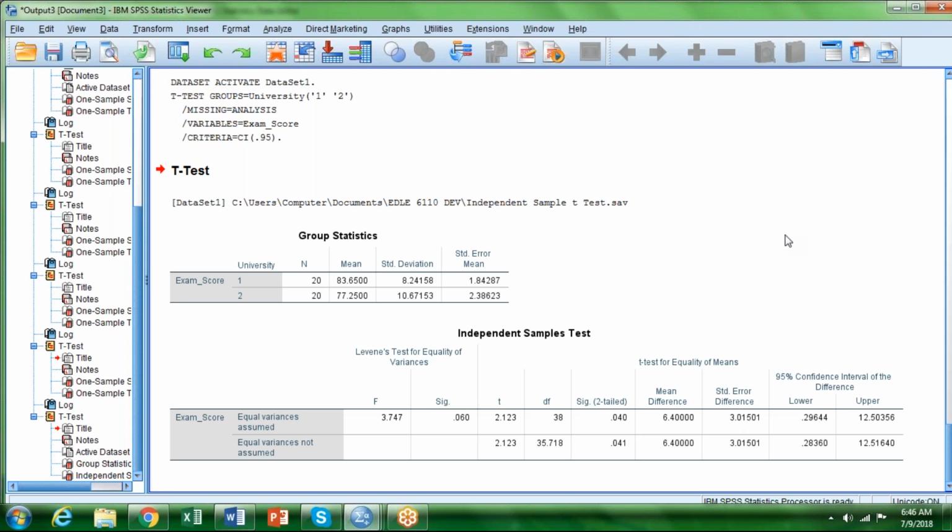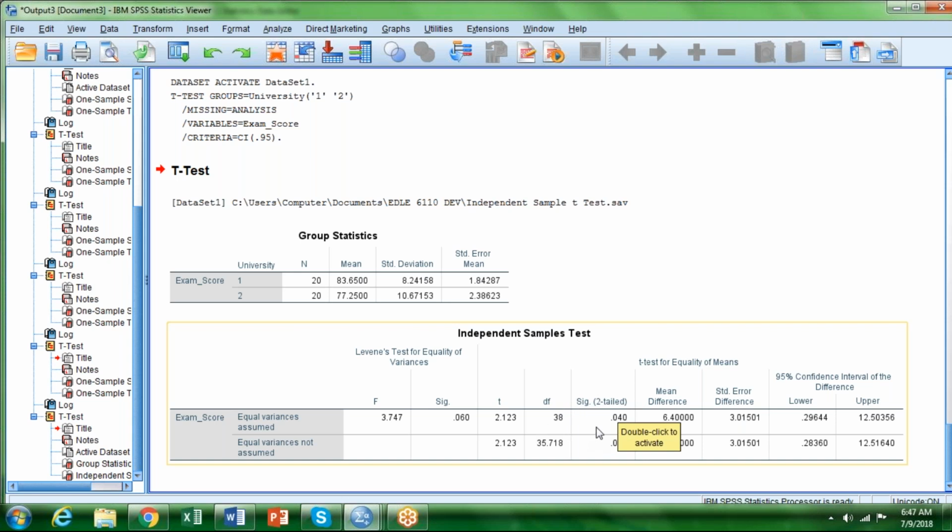But if we look at our observed t-value, and we compare the two universities, the two-tailed probability is 0.04. And so let's look over here, and this would give us a better indication. The significance of the two-tailed t-test would give us a better indication of significance.